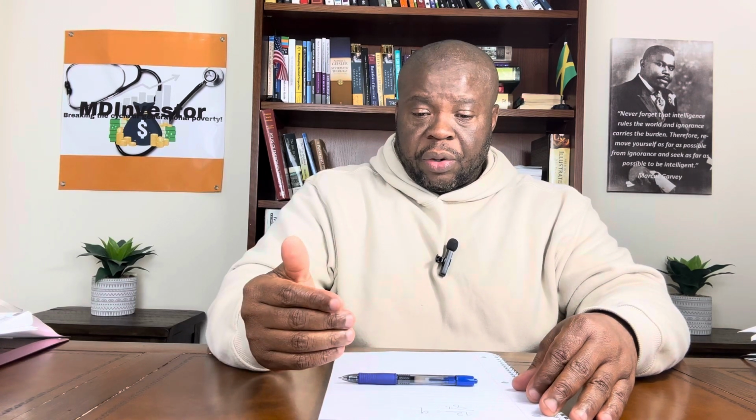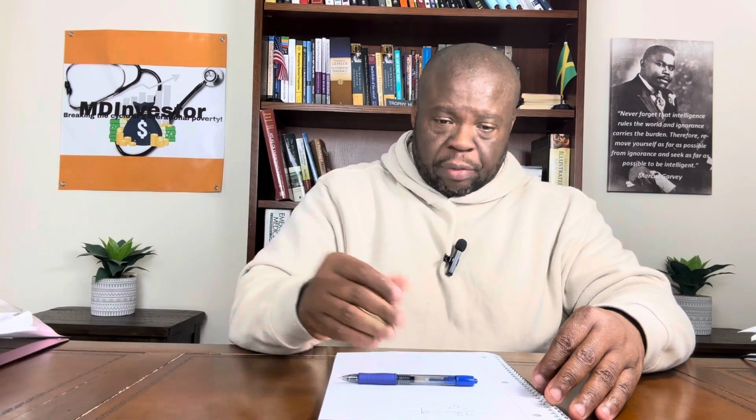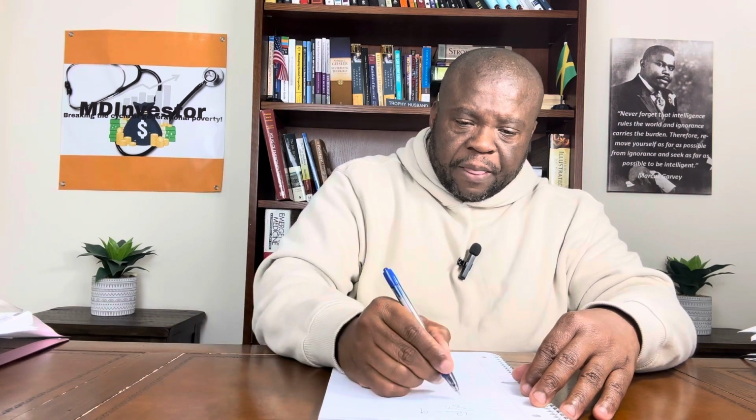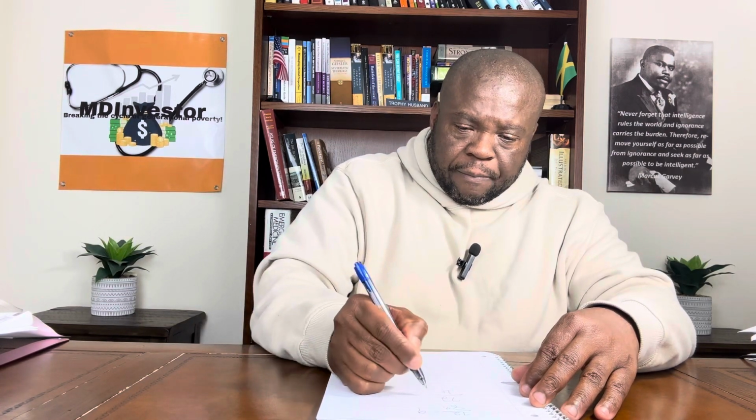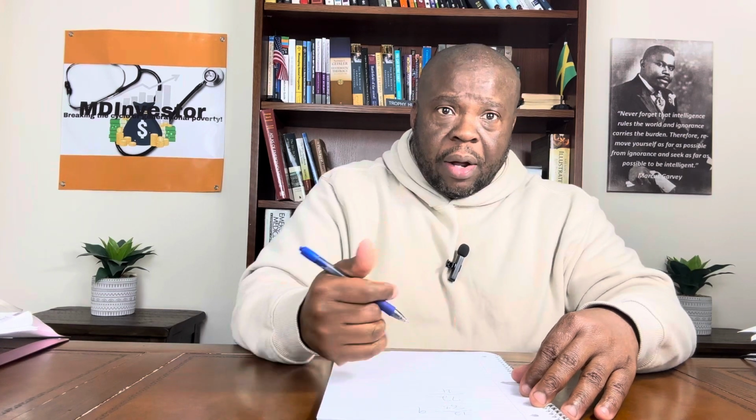Now, what if we invested in an opportunity and it's given us a rate of return of 4%? It'll be 72 divided by 4 that will tell you how many years.